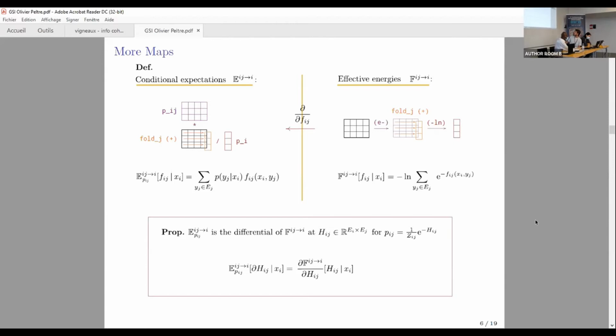And so this is a very classical phenomenon that was really well known in thermodynamics, but here you get it at the vector level of local functions. But for Gibbs measures. So yeah, you get that this conditional expectation here is the differential of the effective energy at H_ij with respect to the local Gibbs measure.